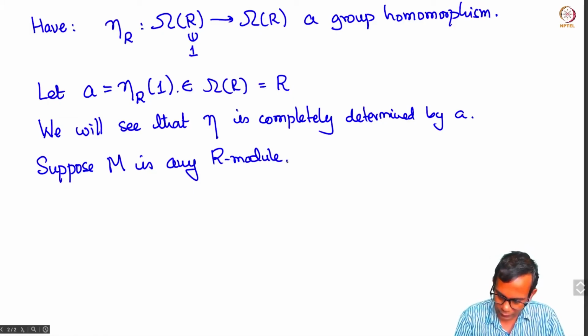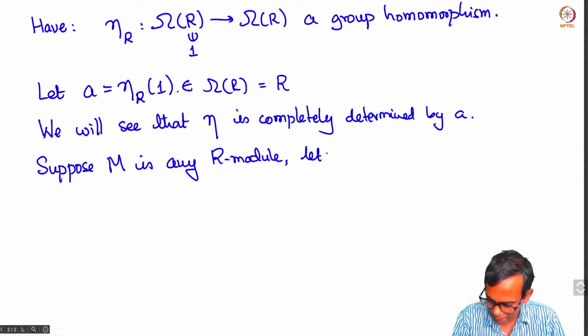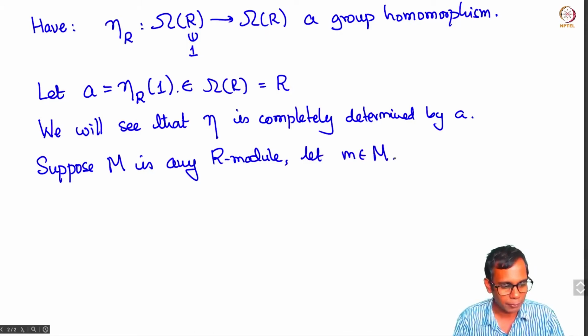So let's try to figure out what eta M of little m is. Let little m be any element of M. We want to figure out what is eta M of little m.